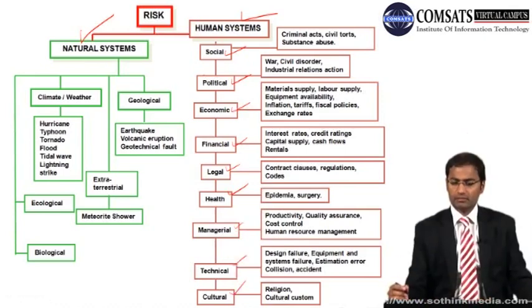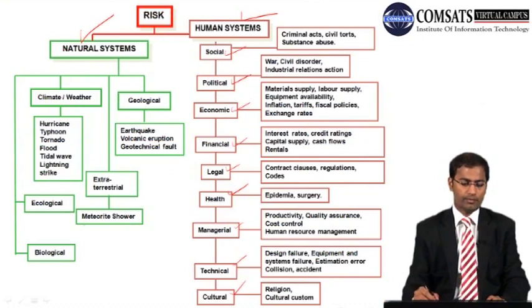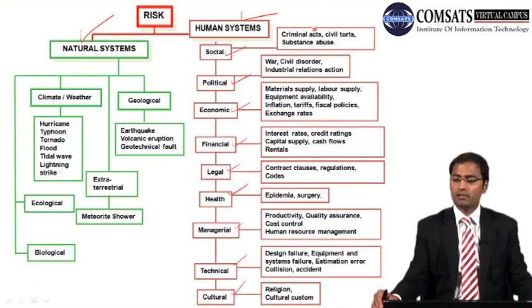As far as social risks are concerned, one risk may be criminal acts, then civil torts, and then substance abuse. So these risks are categorized under social, and social risks are categorized under human systems.